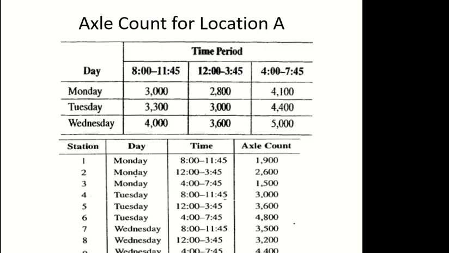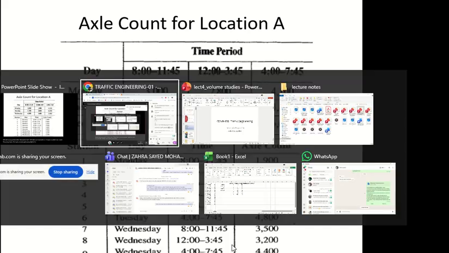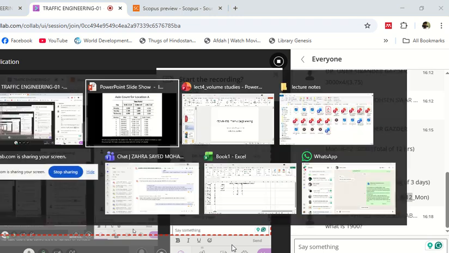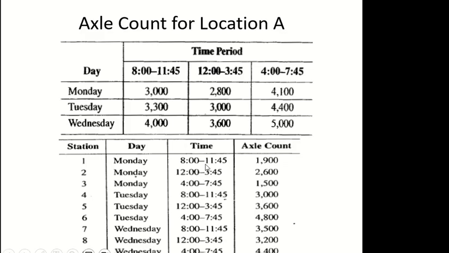Now again, something which we did in lecture number 2, which was using the axle count to convert it to vehicle count. We are using pneumatic road tubes here. We did one example in lecture 2 where we used the pneumatic road tube count and converted it to number of vehicles. 1900 is the given value of location 1.